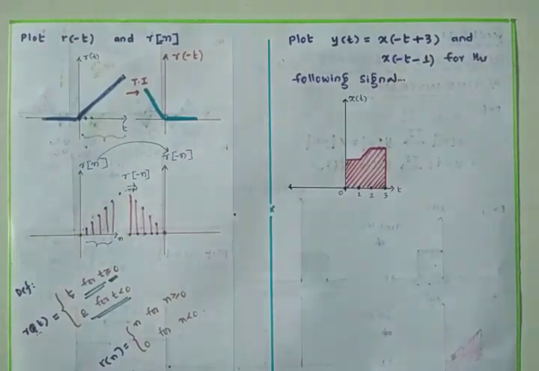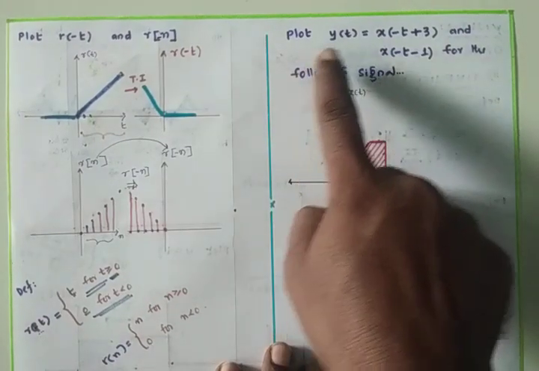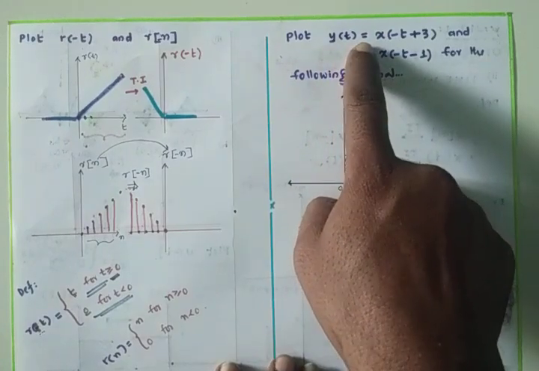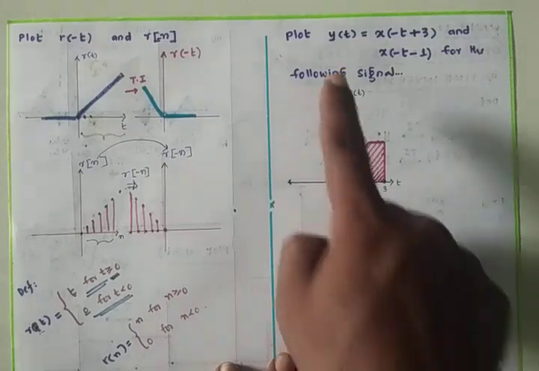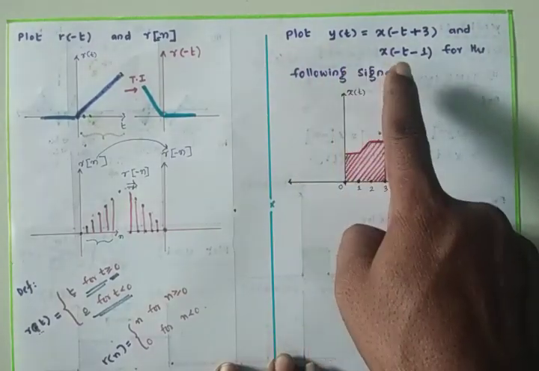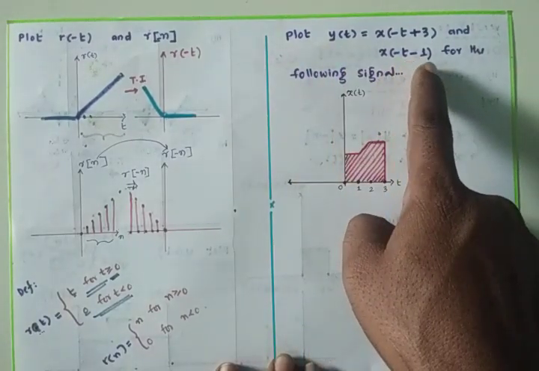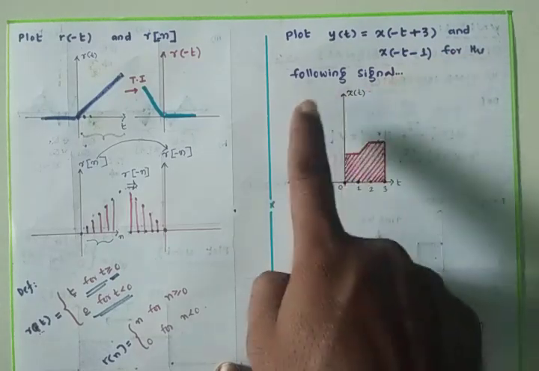This type of question will be asked in the exam for 5 or 10 marks. I am going to explain this one, and you have to draw it and upload your answers in the Google form. The question is: plot y of t equals x of minus t plus 3 and y of t equals x of minus t minus 1 for the following signal.